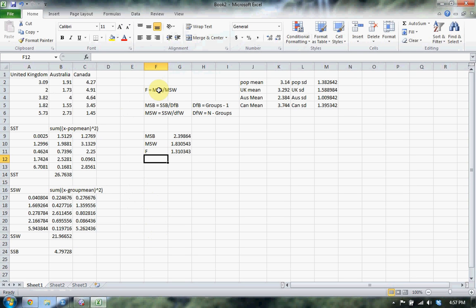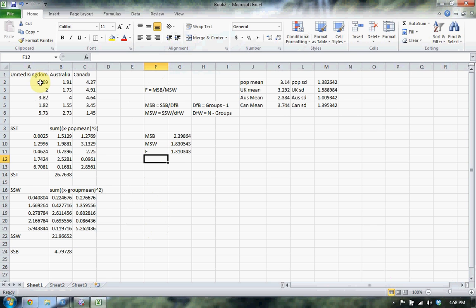The mean square between groups is the sum of squares of the variation in between the different groups.